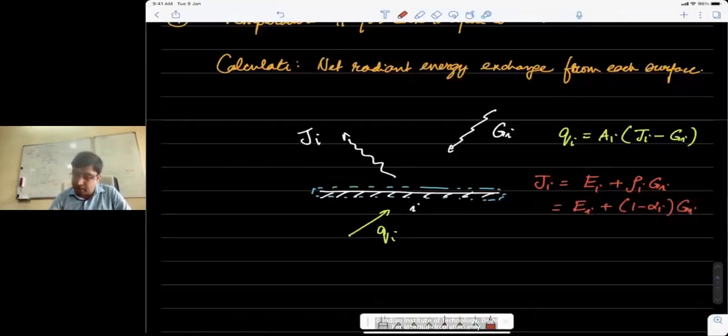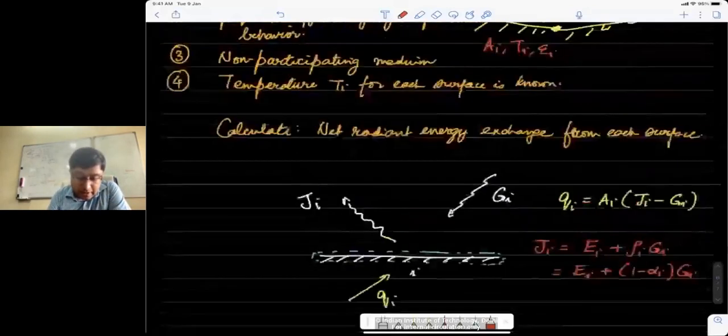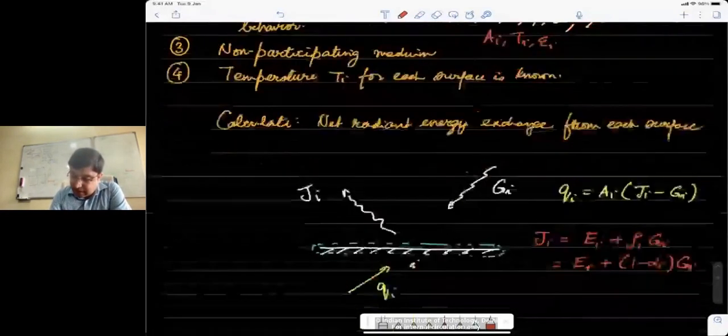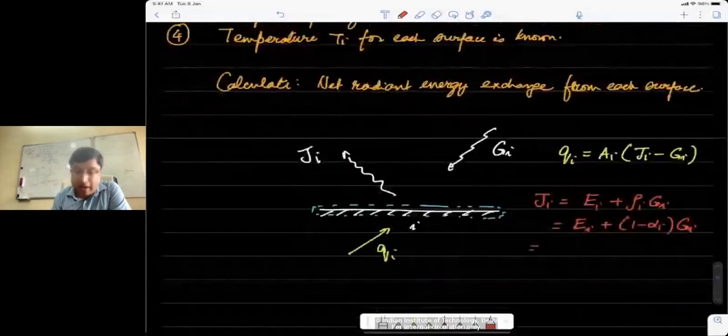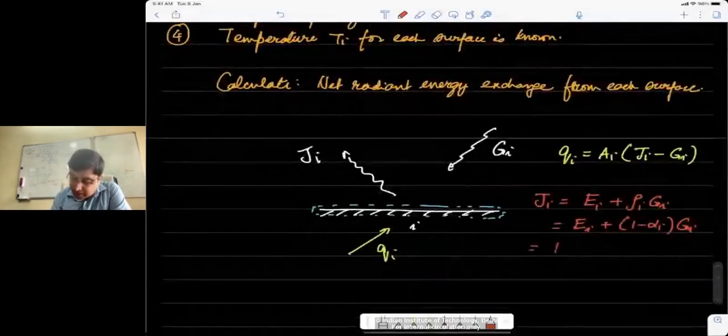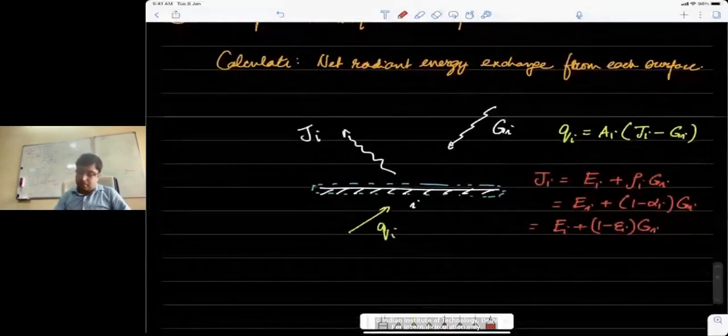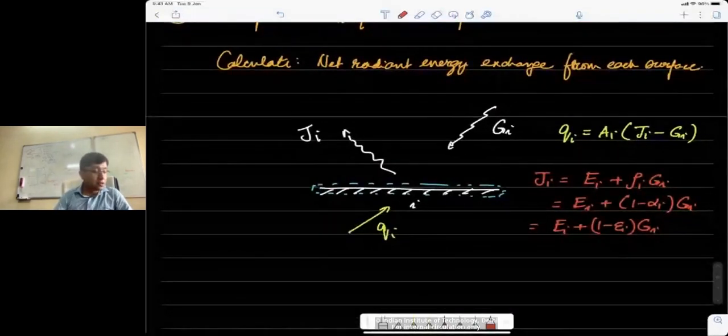There is no transmission of irradiation. So for opaque surfaces, alpha i plus rho i is 1. Further, as I have assumed that the surfaces are gray and diffuse, it means that alpha i should actually be equal to epsilon i. So this becomes Ei plus 1 minus epsilon i times Gi, because the surfaces are gray and diffuse. Please remember.